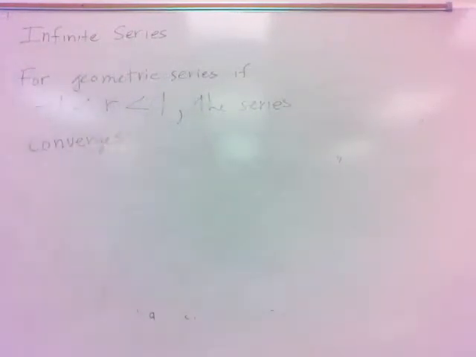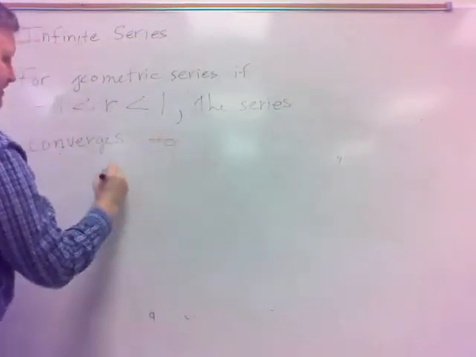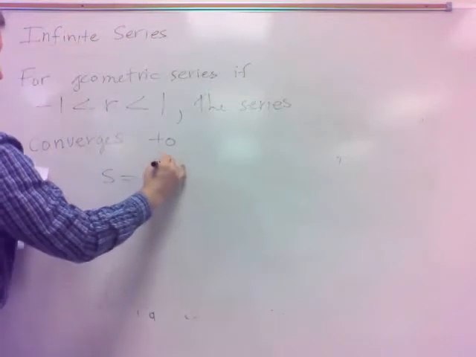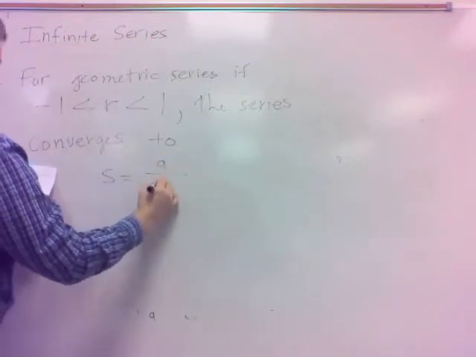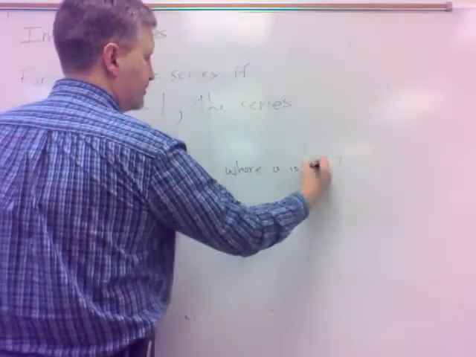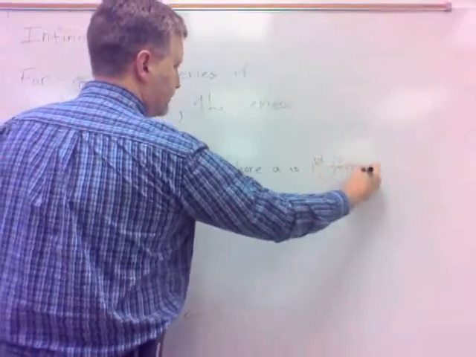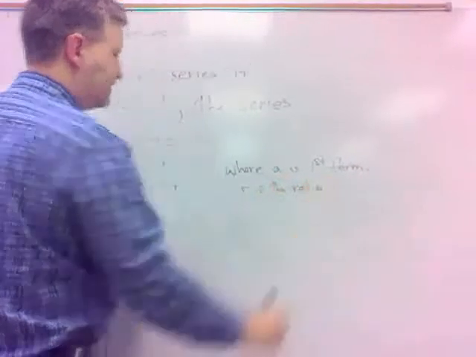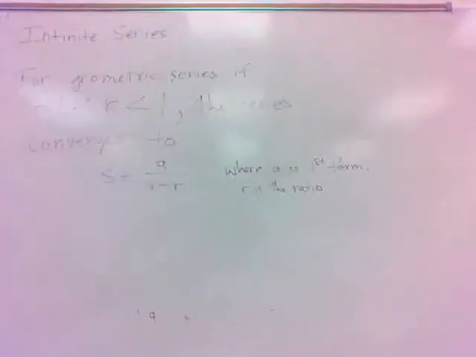And matter of fact, it converges to S, let's say the sum equals A over 1 minus R, where A is the first term, R is the ratio of your sequence. So what's different about this and the sequence, whether it converges or not?